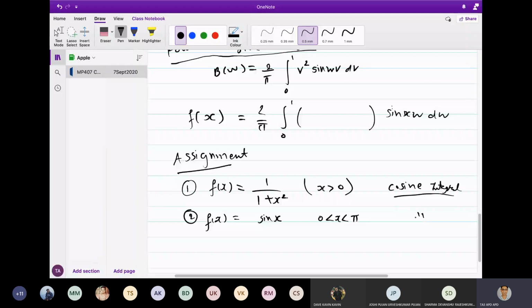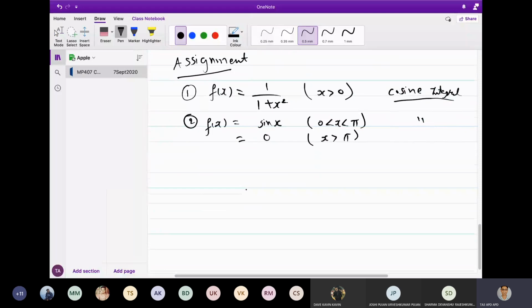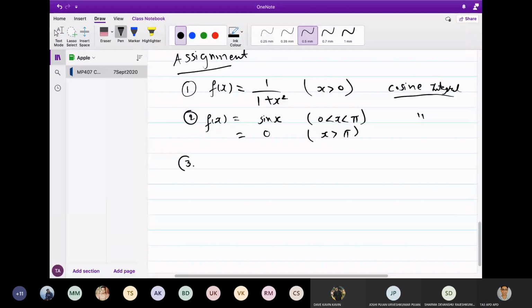Again, this is going to be the Fourier cosine integral, and otherwise it is going to be 0 for x greater than pi.